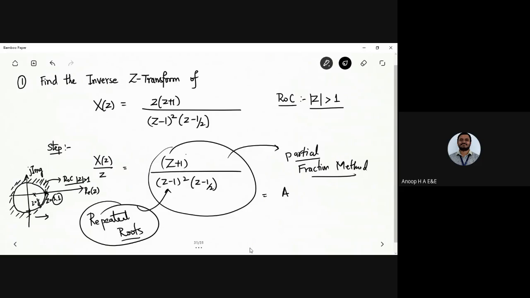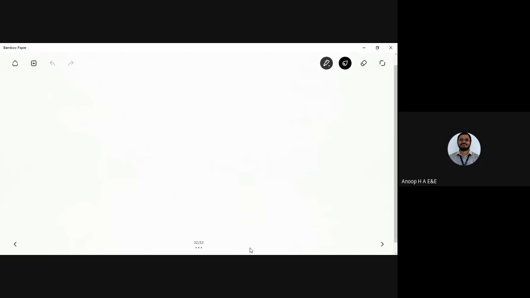X of Z by Z would be equal to Z plus 1 divided by Z minus 1 the whole square into Z minus 1 by 2. So I have A divided by Z minus 1, the first root, and again B divided by Z minus 1 the whole squared.